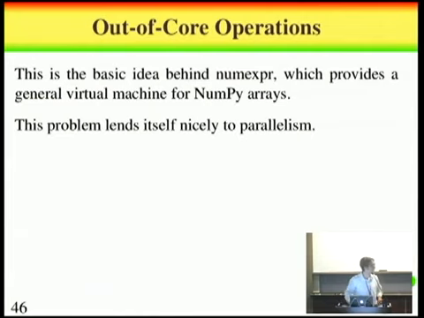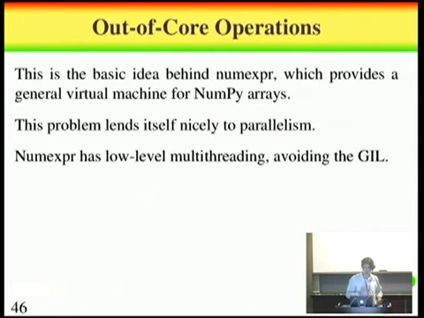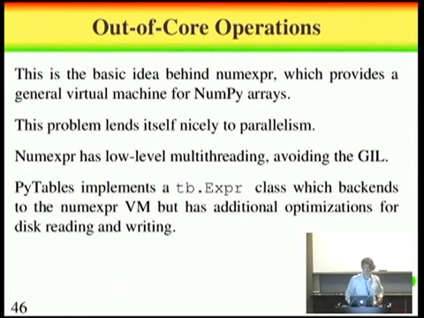So numexpr in fact uses pthreads behind the scenes, and multi-threading. And it avoids the GIL, which is always nice. On top of that, PyTables builds an expression class, and this backends to that numexpr virtual machine that we just described.